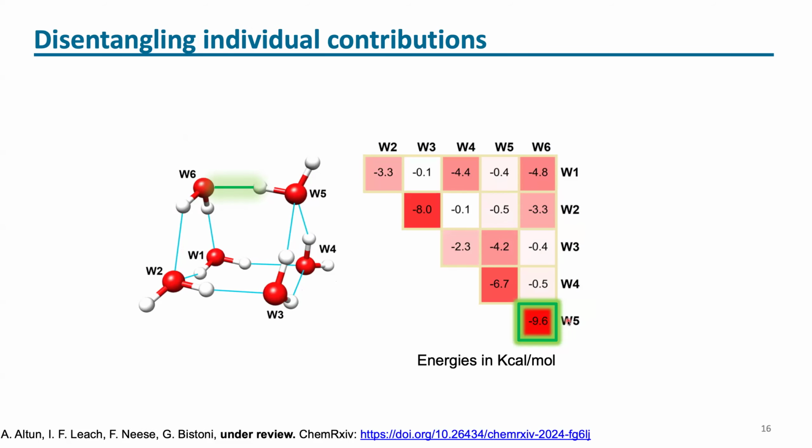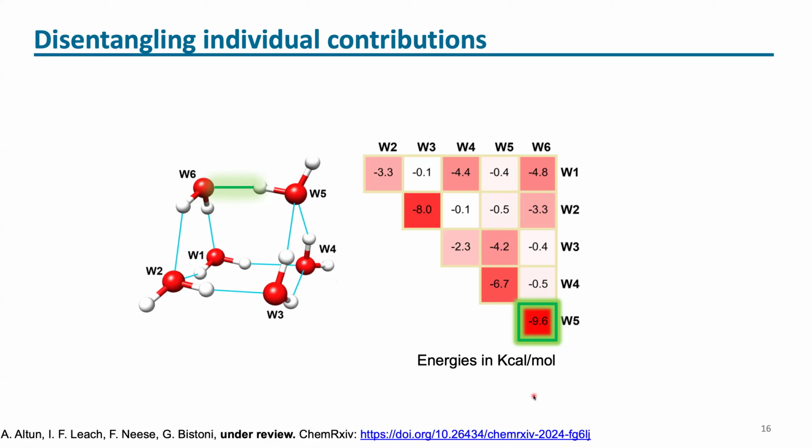The approach that makes this possible is called the fragment pairwise local energy decomposition scheme, and it is described in the paper reported here, which is currently still under review, but you can already access it on ChemRxiv.